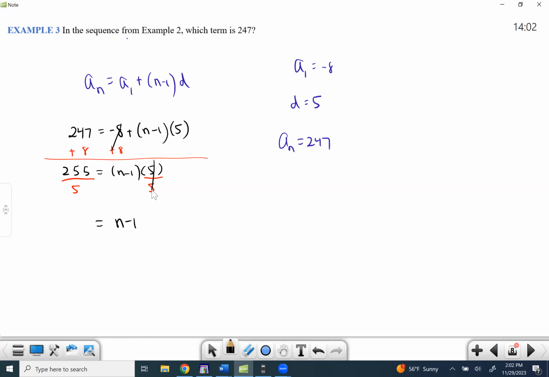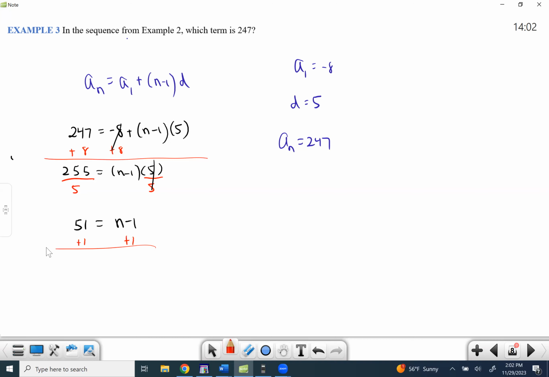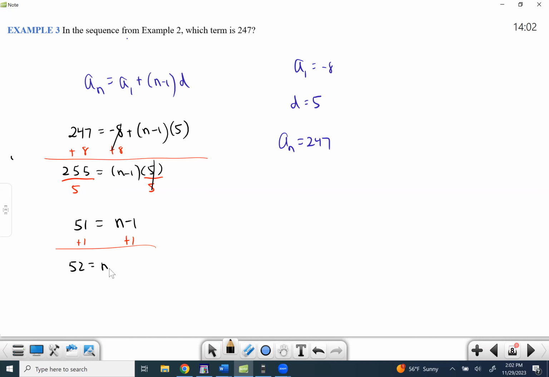So, let's see here. 5 goes in 51 times. And then we'll just add 1. So we get that it would be the 52nd term. So no way would I be doing that by hand. I'd have to get so far down the line before I could figure it out. So I'm glad I have these formulas. So 247 is the 52nd term.